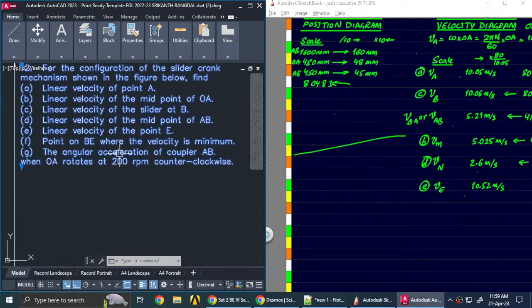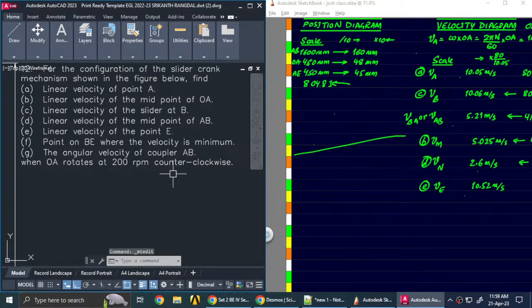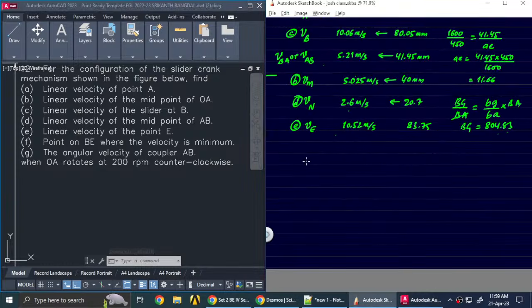Lastly, he's asking about the angular velocity here. Now here, angular velocity, we know the relation. If you want angular velocity, the relation is velocity divided by the radius. Here we want the angular velocity of AB. So it will be velocity of A with respect to B, or B with respect to A, divided by the length AB.